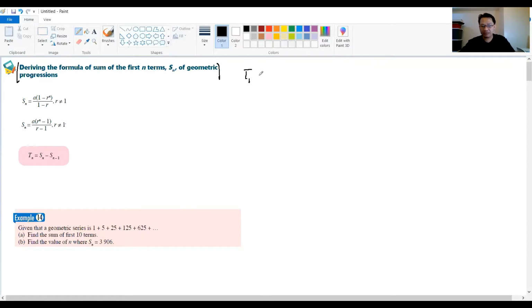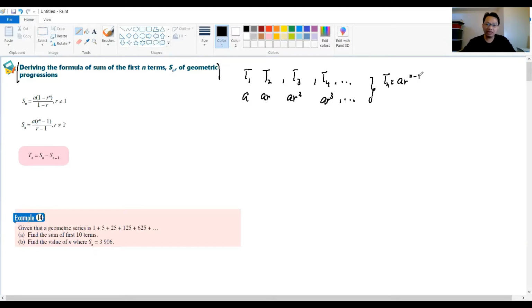A is the first term, followed by T2, T3, T4, and so on. From the previous video, for a GP the first term is A, the second term is AR, and then the third term is AR squared, AR to the power of 3, and so on. This comes from the formula of GP itself: Tn equals AR to the power of n minus 1. If you have a problem, please go back to the previous lesson.